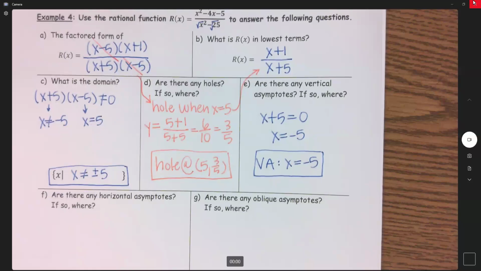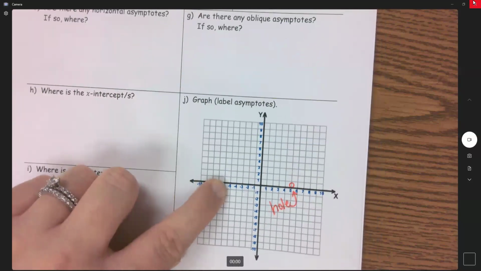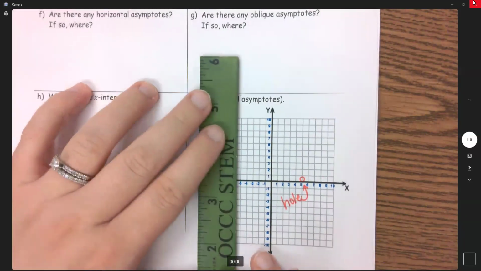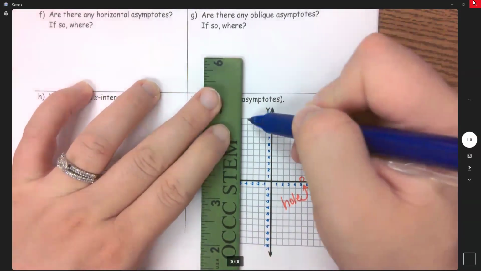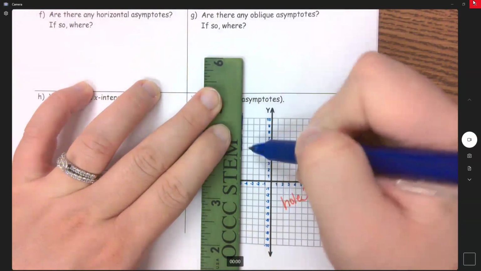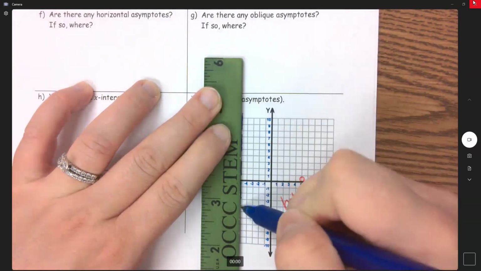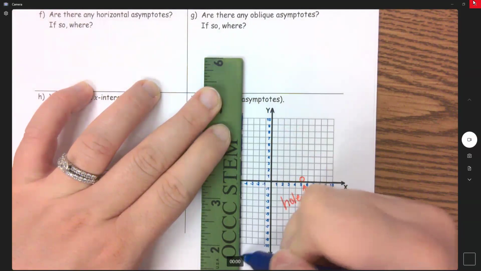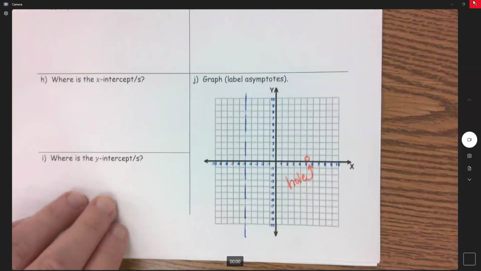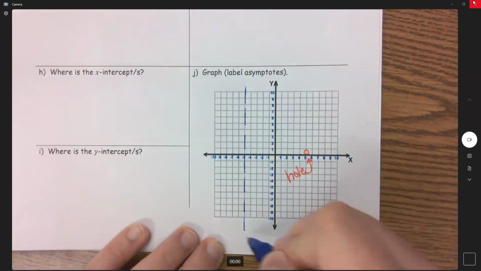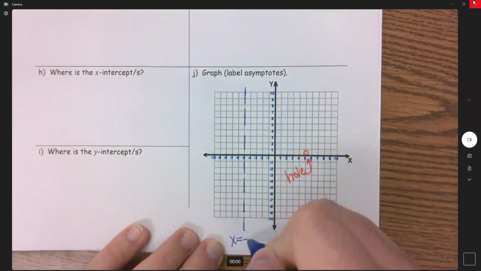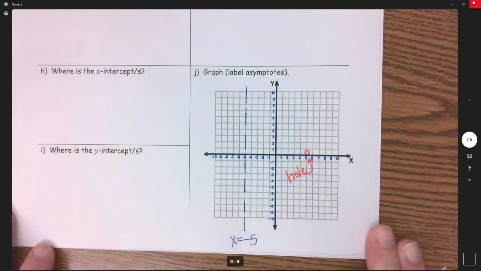So now let's put this on our graph. I'm going to go to where x equals -5. And here is my vertical asymptote. And it does say to label it. So I'm going to come down here and label this as x equals -5.